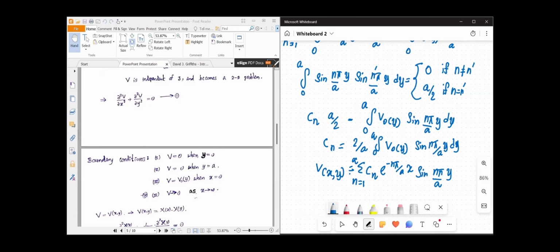So with the boundary condition, we obtain the value for Cn. This is the solution for the potential, and in that, Cn is equal to this value.